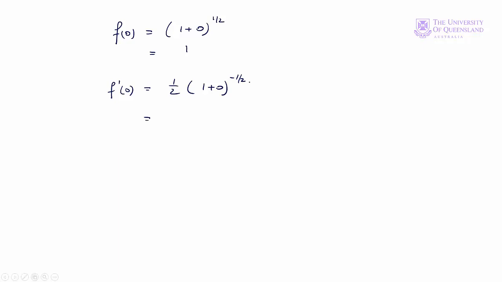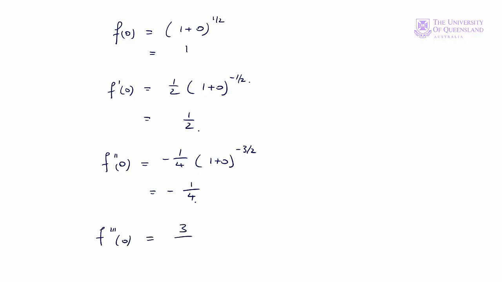So that's equal to 1 half. f double prime of 0 is equal to minus 1 quarter (1 plus 0) to the minus 3 on 2. It's equal to minus 1 quarter. And the third derivative, evaluated at 0, is equal to 3 on 8 times (1 plus 0) to the minus 5 on 2. And that's equal to 3 on 8.